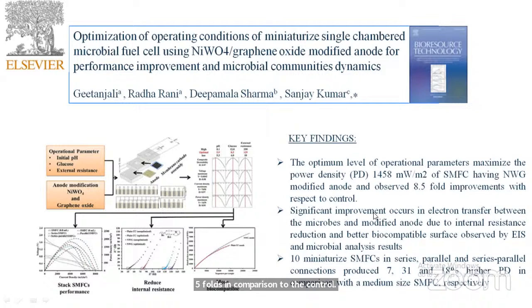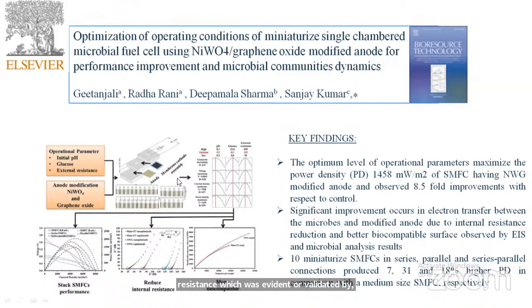This significant improvement in the electron transfer between the microbe and the modified anode was because of a decrease in the internal resistance, which was validated by electrochemical studies.